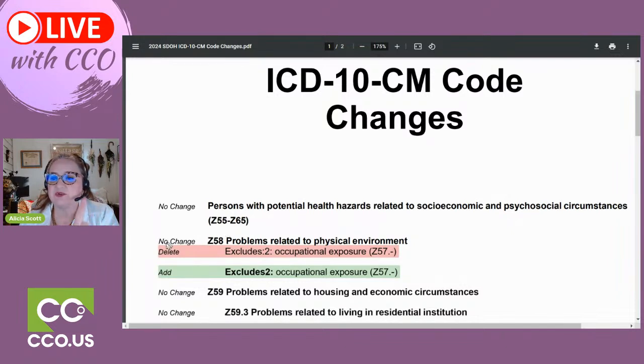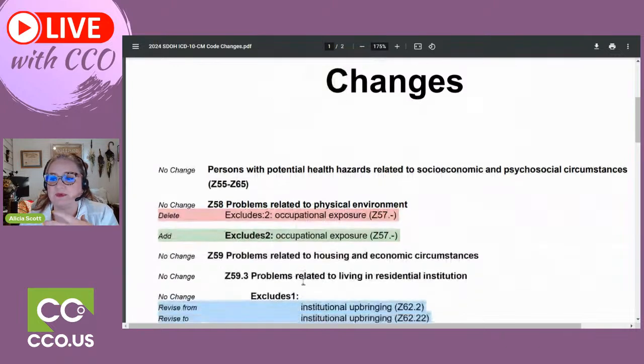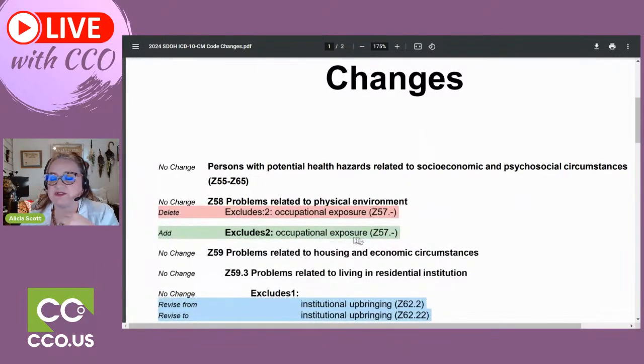All right. So no changes for the Z58, but they deleted the excludes to occupational exposure Z57, and they added an excludes to information on the occupational exposure for Z57. So we need to go in and look at those. Great.